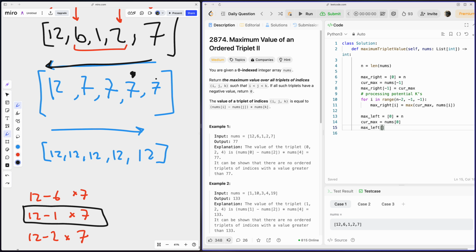Max left at 0 is the cur max. So we're processing potential i's: for i in range 1 to n, the max left at i is the max of the cur max or nums at i. Okay.